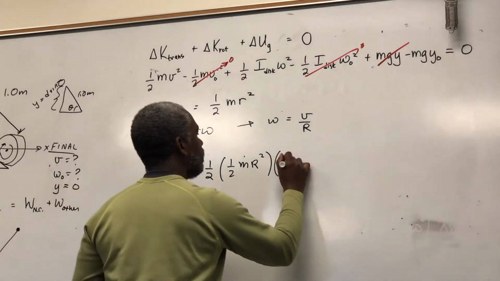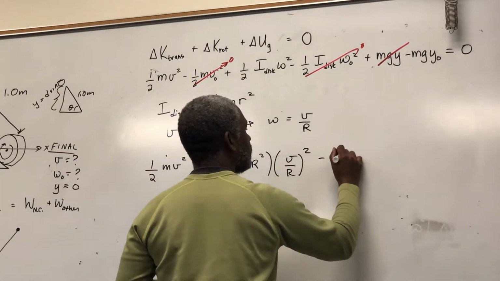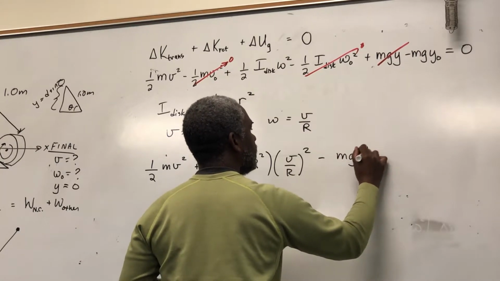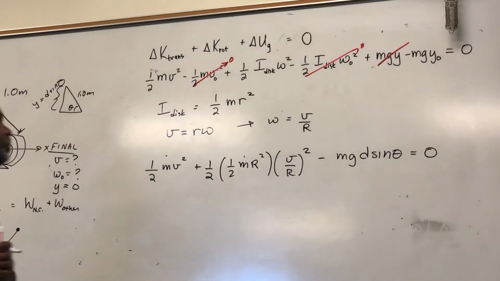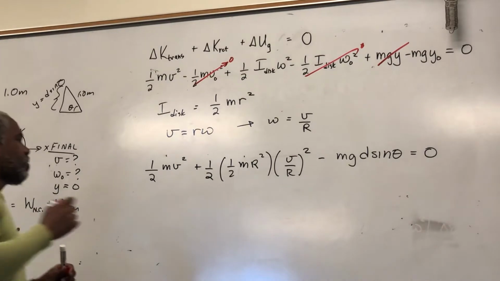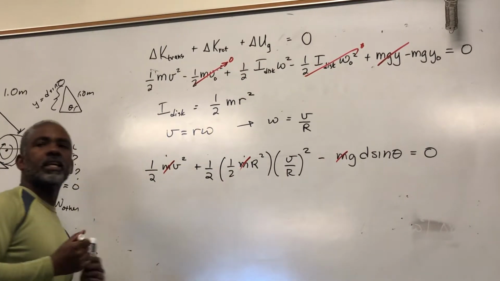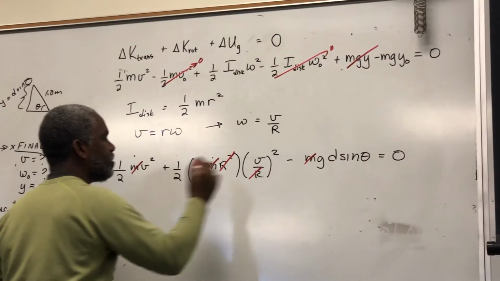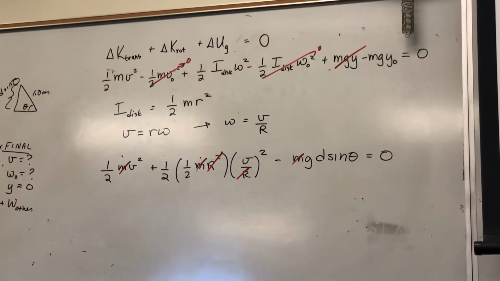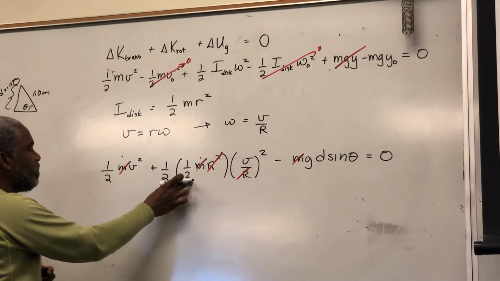So this is v over r squared minus mgd sine theta is equal to 0. So notice we have a mass in every term, so they cancel. Notice we have an r squared and an r squared. I'll multiply everything by 4 to get rid of the denominator.